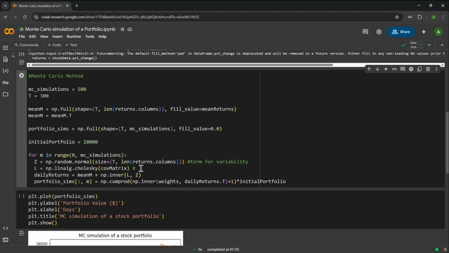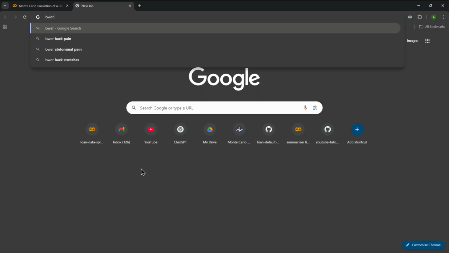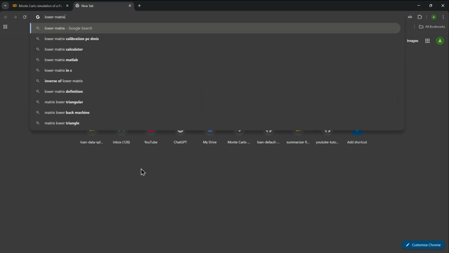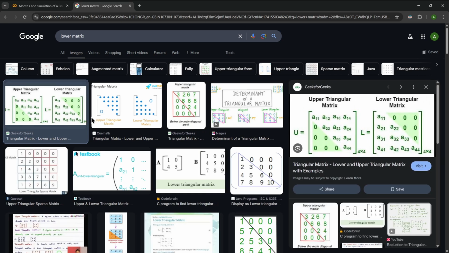And what we have tried to do over here is we have just tried to take the lower matrix. Let me just show you how a lower matrix looks. So we'll have only the lower part filled. Yeah, so this is an upper matrix and this is a lower matrix. So only the lower part of the matrix is filled and the upper parts are filled as zero.